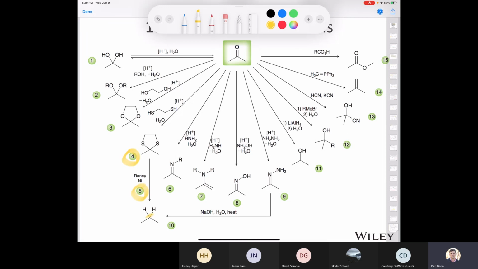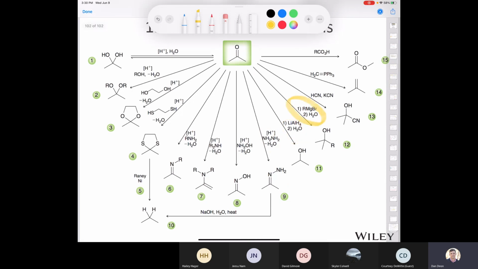Raney nickel can reduce it to an alkane. You want to know about imine formation, enamine formation, an oxime that comes from hydroxylamine. You want to know about a hydrazone, which is a type of imine that comes from hydrazine. You want to know that you can reduce a carbonyl with lithium aluminum hydride or sodium borohydride.